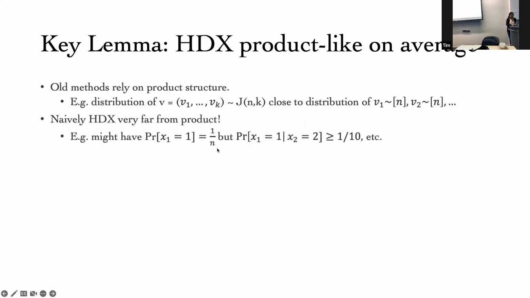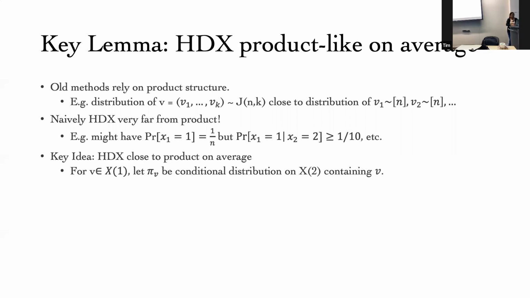So for example, if you picked a K-set from the top level, you could have the probability that the first element, for example, is 1 by N. But given that the second element is 2, the probability that it is 1 is very large because it's sparse. But the key idea is that HDX is close to product on average.